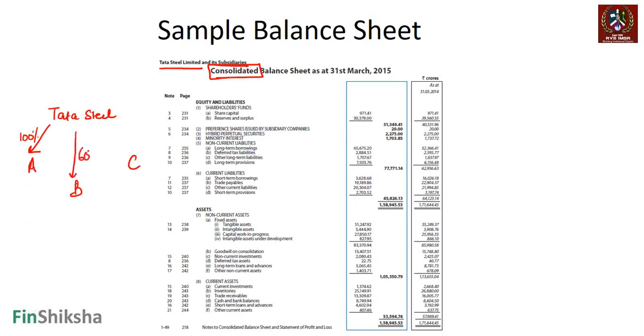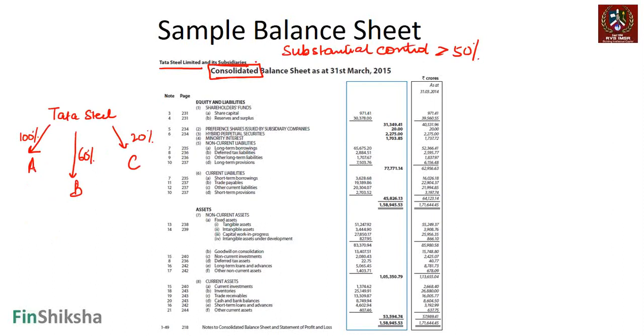In B, Tata Steel holds 60%. In C, Tata Steel holds 20%, right? Which are the companies where it has substantial control? Substantial control is anything greater than 50%. Technically 51%, but I'll just keep it to 50%.